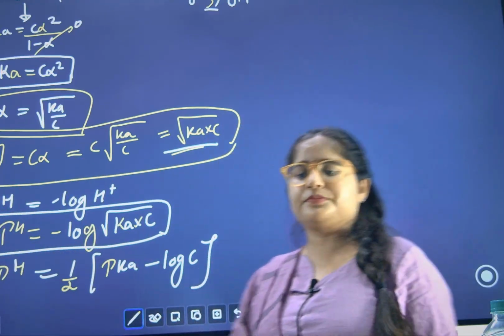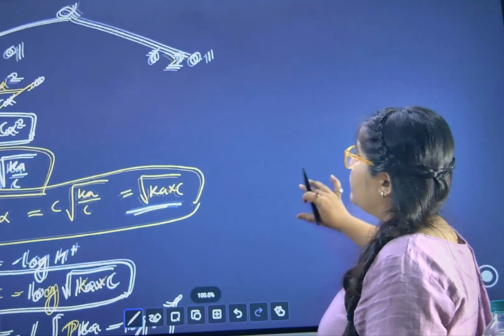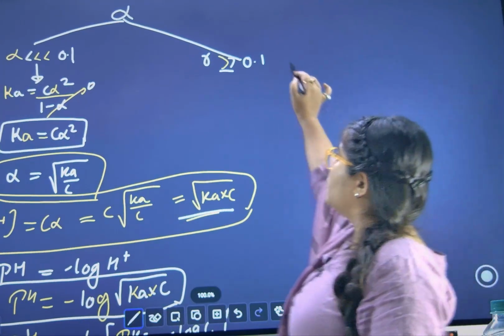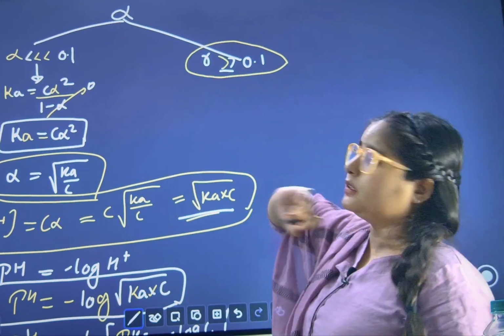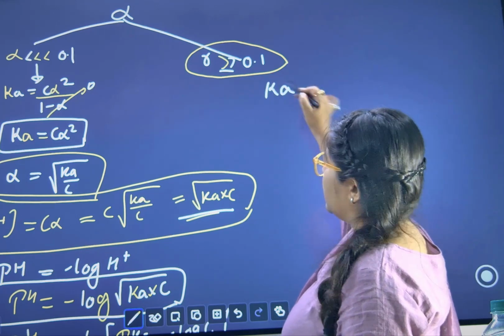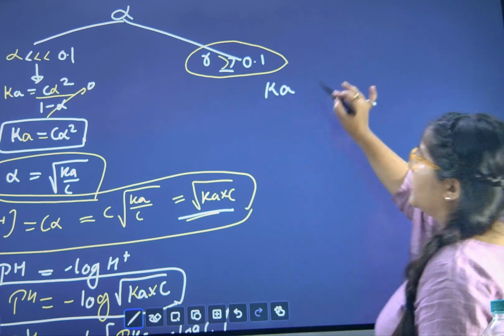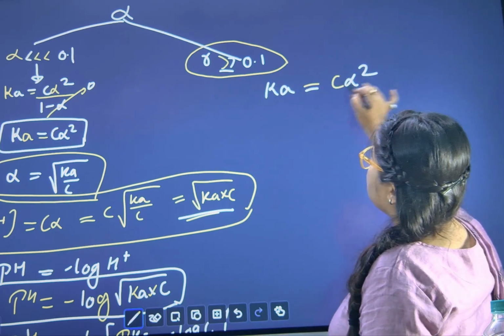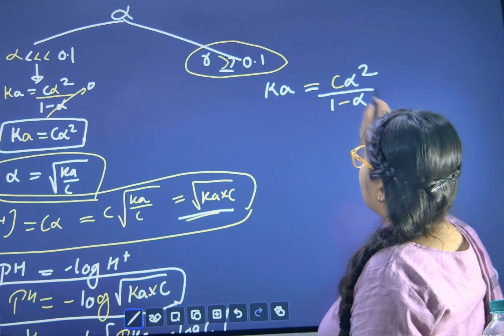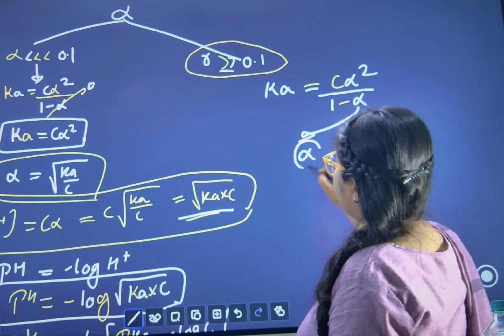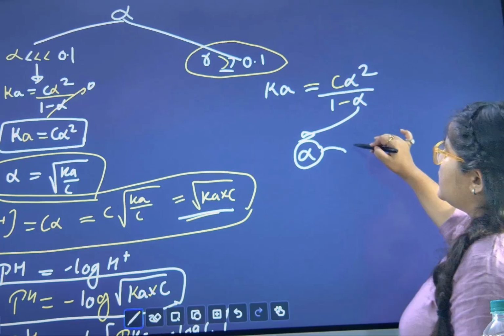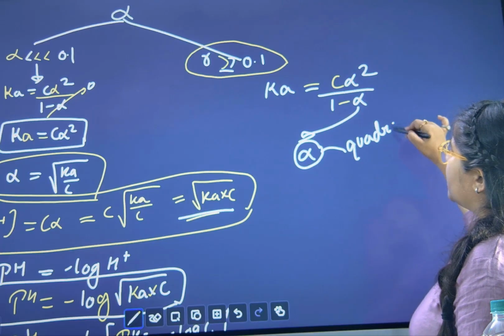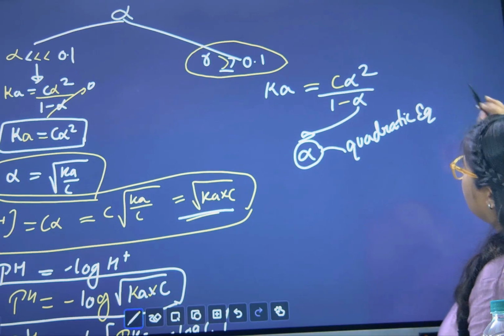Clear? Now, if we have alpha more than or equal to 0.1, then we can't ignore that alpha. What will we do? C alpha square by 1 minus alpha. From here, we will calculate our alpha by making a quadratic equation and solving it.